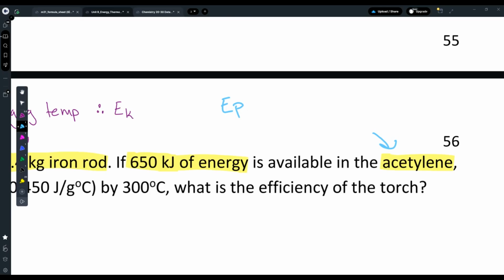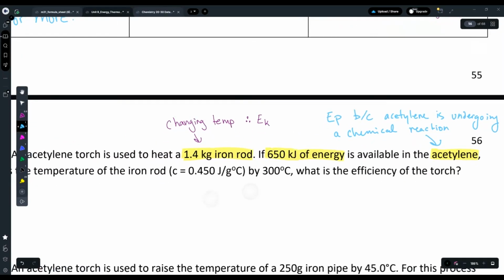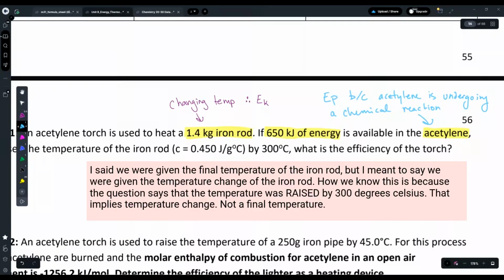So it's potential energy because acetylene is undergoing a chemical reaction. Then the other values we were given were the specific heat capacity of the iron rod and the temperature change of the iron rod. We're asked for efficiency.